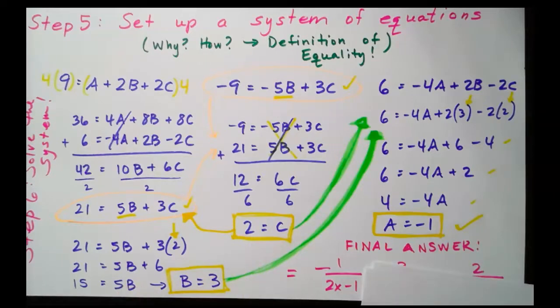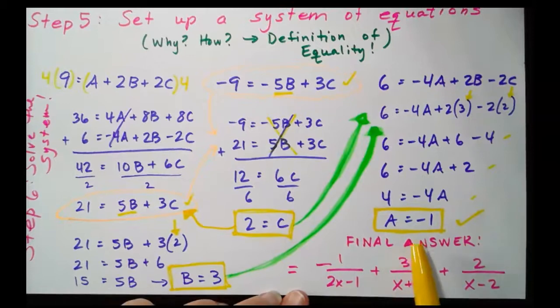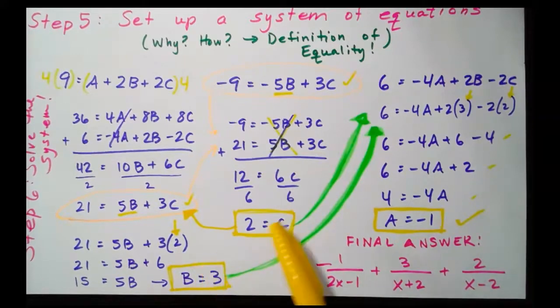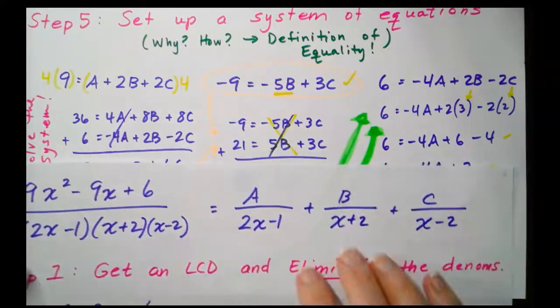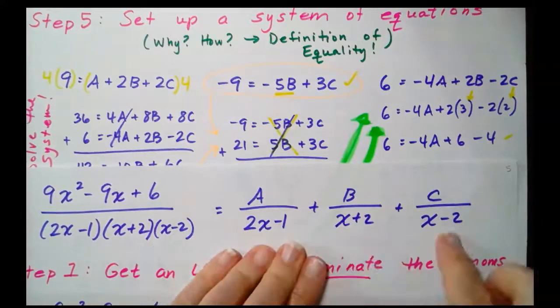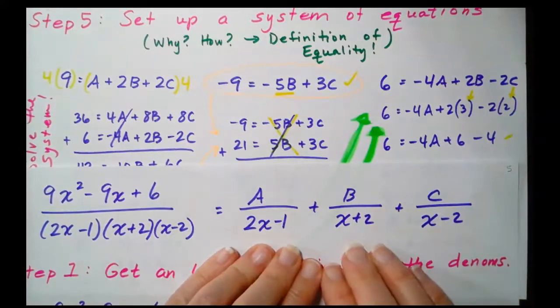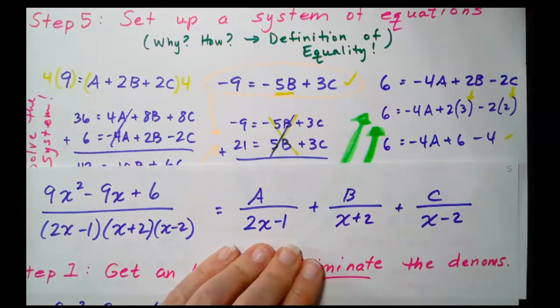And if my initial directive was to decompose the partial fraction, I've done that because I've solved for A, I've solved for B, I've solved for C, and if you recall all the way back, this was our original breakdown: A over 2x minus 1, B over x plus 2, C over x minus 2.